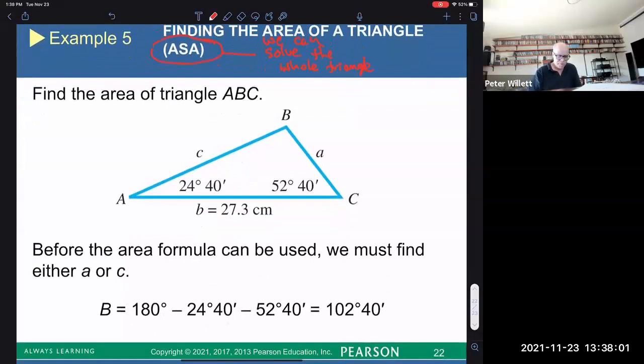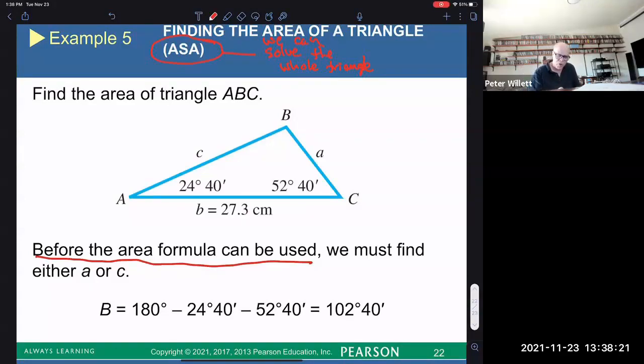So it says before the area formula can be used, we must find either A or C. Because if we find length A or length C, then we will have two sides and the angle between them.